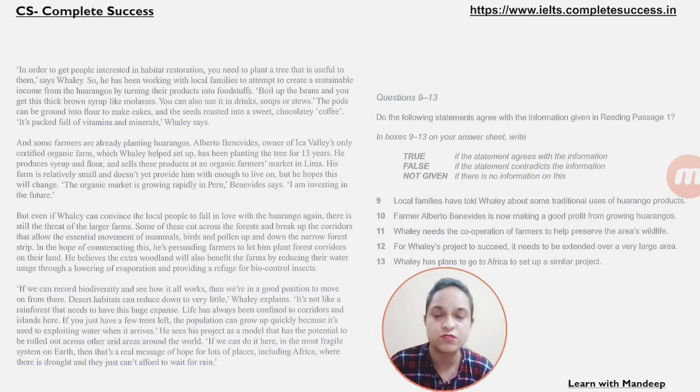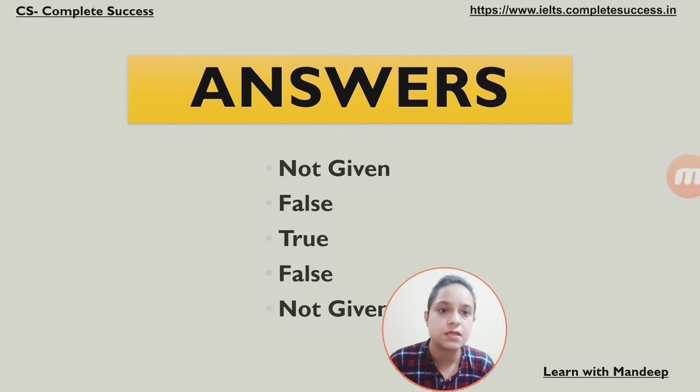If you write false, the information here should be that he has not made any plan. Then you can say it is false, but here nothing is mentioned, so it will be not given. So the answers are: not given, false, true, false, not given.